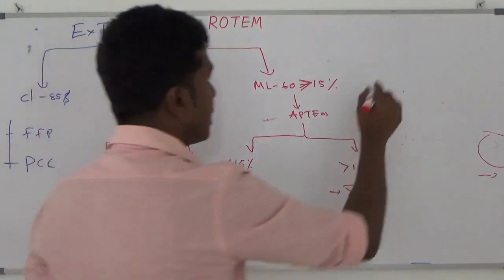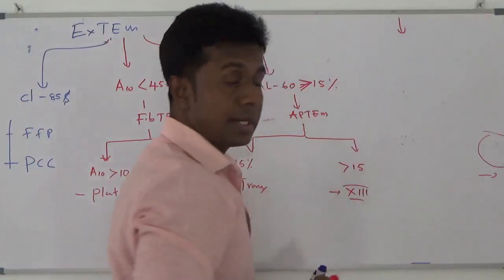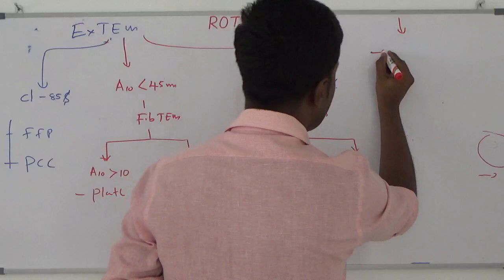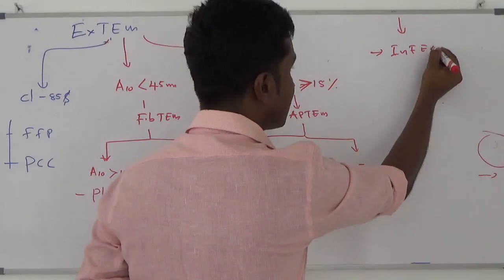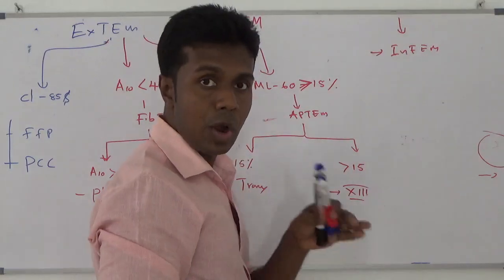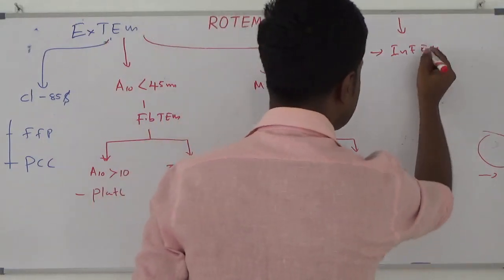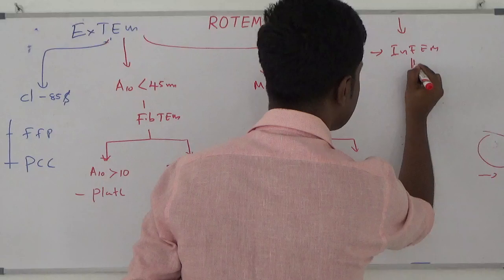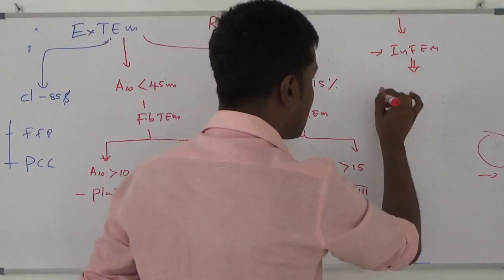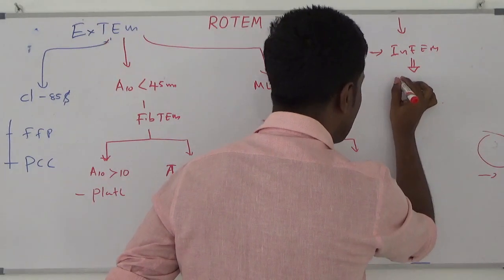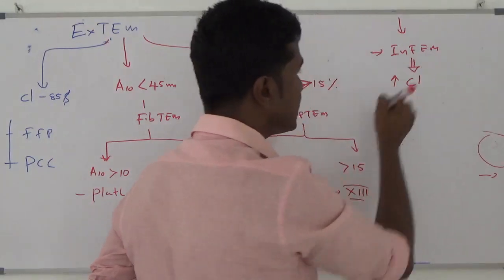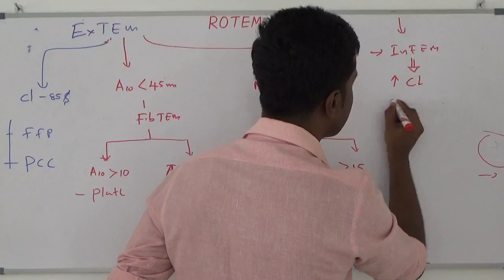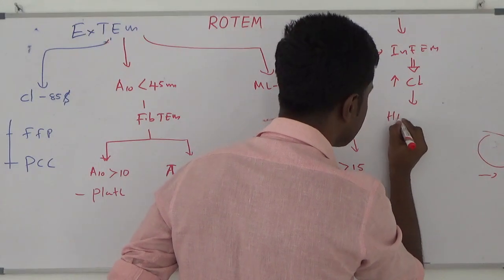Last one, if you think your patient is receiving heparin, you have to run INTEM. Intrinsic pathway activators you can add, and you have to run the intrinsic pathway. Then if you find prolonged clotting time with the intrinsic pathway, you have to run HEPTEM.